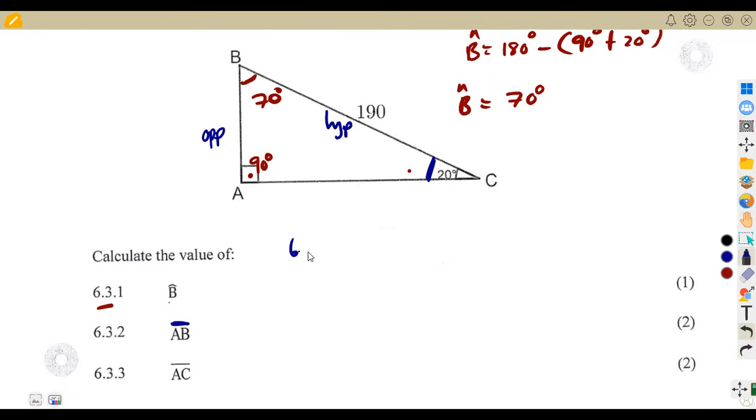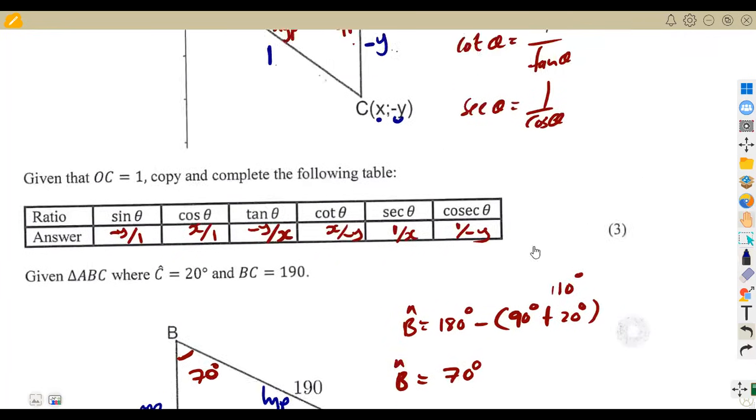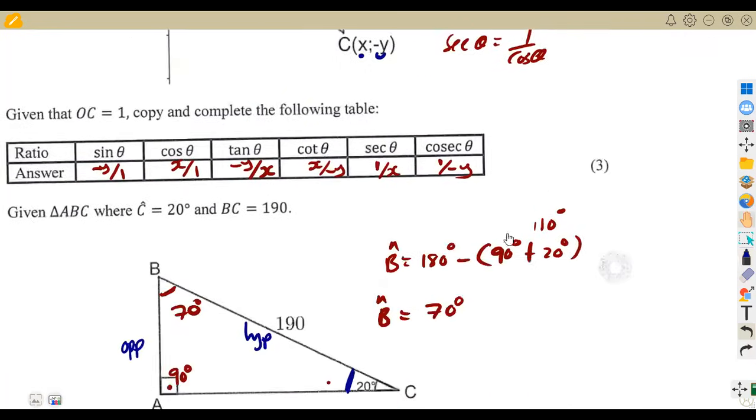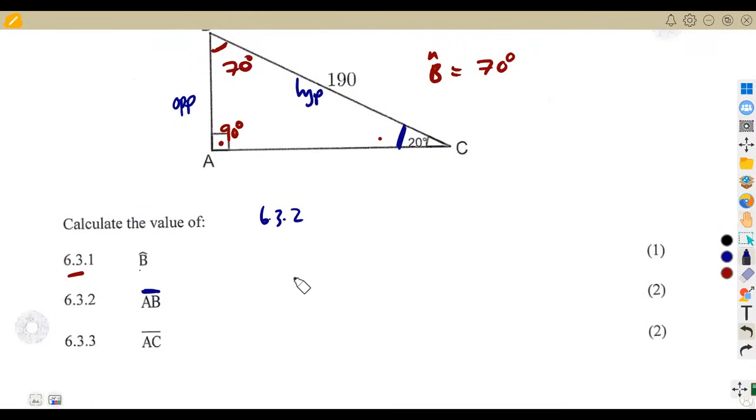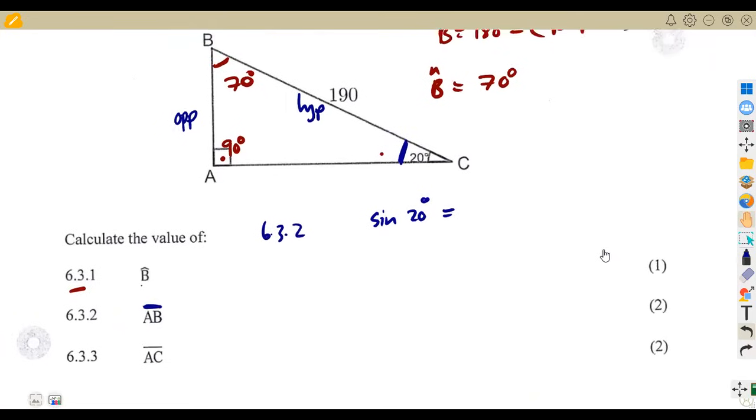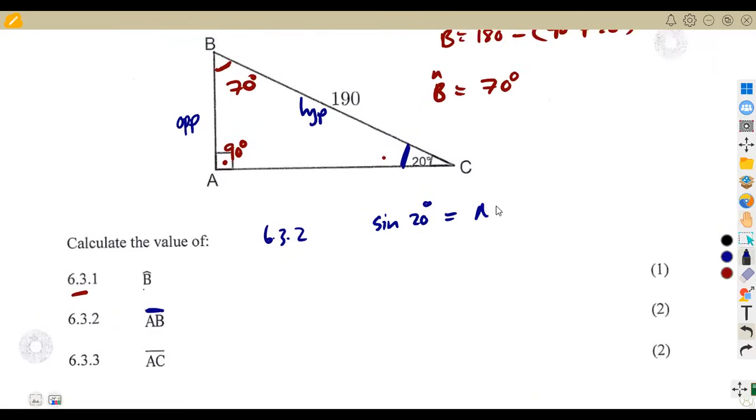Which ratio uses opposite and hypotenuse? That is sine, from our SOH CAH TOA concept. So sine of 20 degrees is equal to the opposite, which is AB, over the hypotenuse, which is 190.